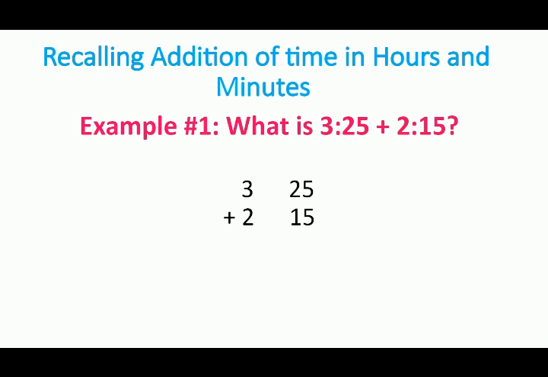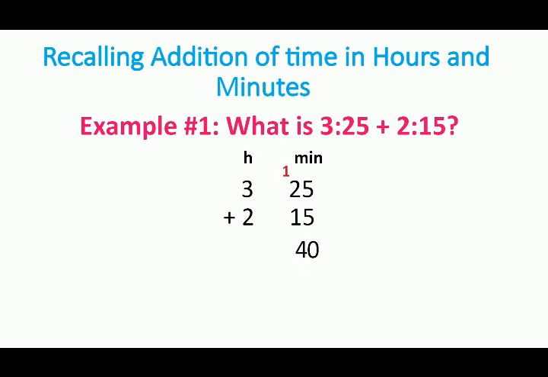What is 3 hours 25 minutes added with 2 hours and 15 minutes? How do we go about it? First, we write hours on the left hand side and minutes on the right hand side. This is how we make a sum. And then we start solving from the right hand side, that is the minute side. So first of all, we will do 5 plus 5, which is 10.